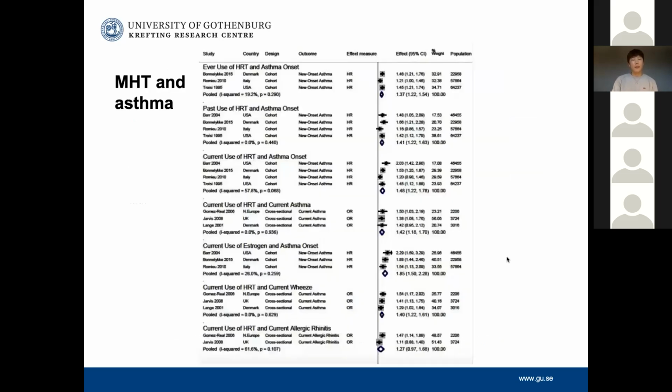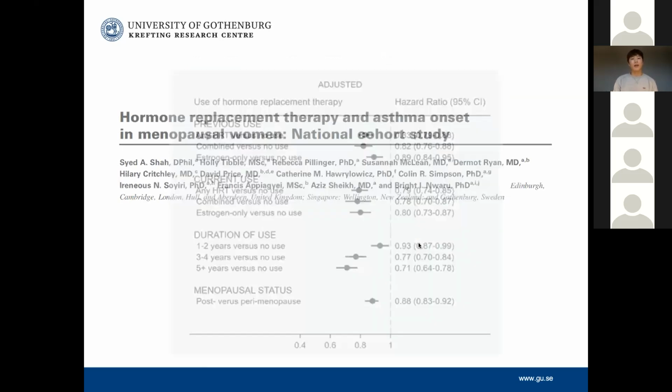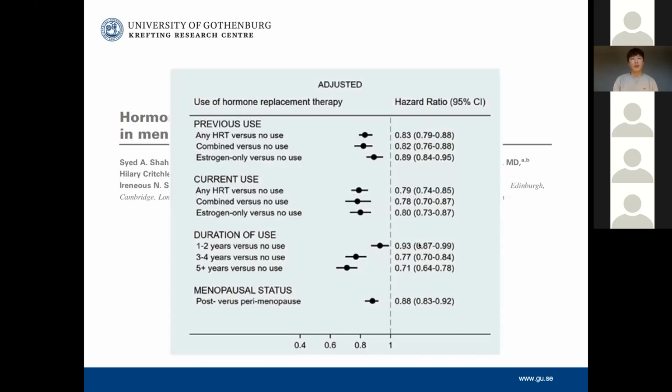And for menopausal hormone therapy, which back then we also called hormone replacement therapy, the studies are quite consistent, and almost all of them suggest that MHT is associated with higher risk of asthma. However, the recent study from our group also found different results. We found that menopausal hormone therapy is associated with lower risk of asthma.